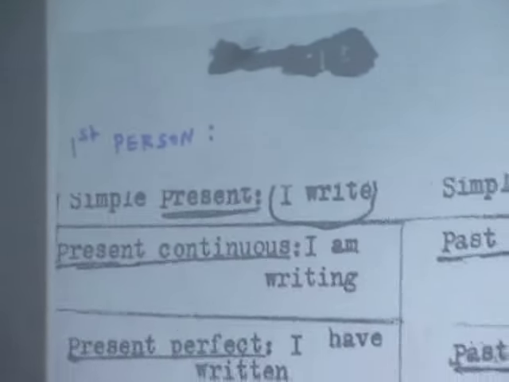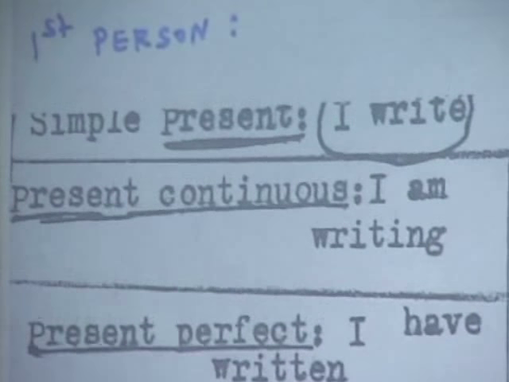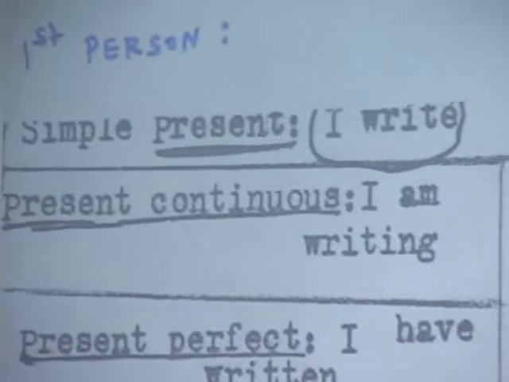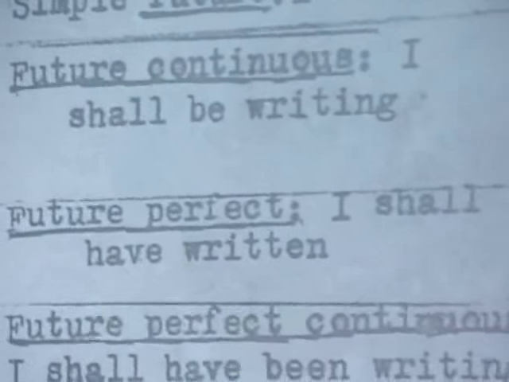Tenses, first person. Simple present: I write. Simple past: I wrote. Simple future: I shall write. Present continuous: I am writing. Past continuous: I was writing. Future continuous: I shall be writing.